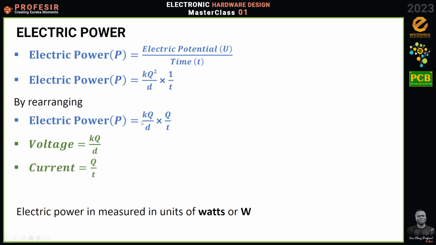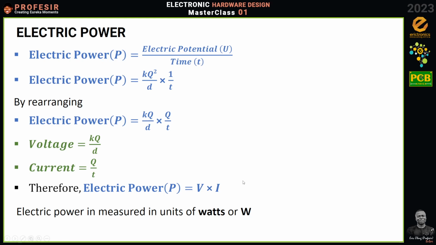We also define current as the amount of charge passing a cross-sectional area per unit time. So current basically is charge per time, which is Q over T. If we put everything together, electric power can be calculated as voltage times current.